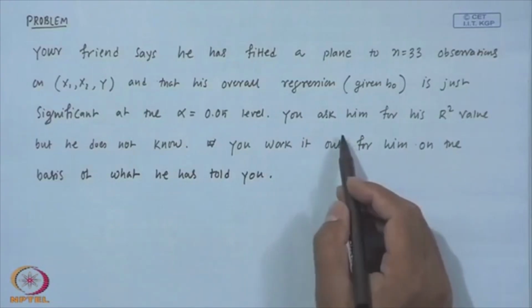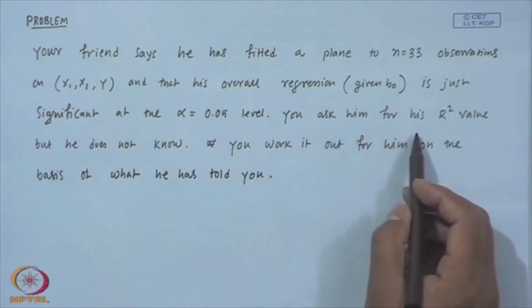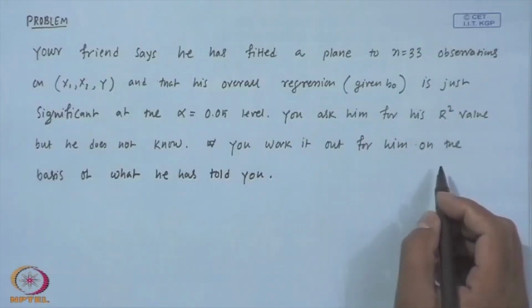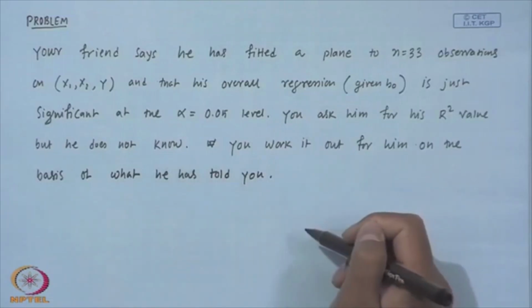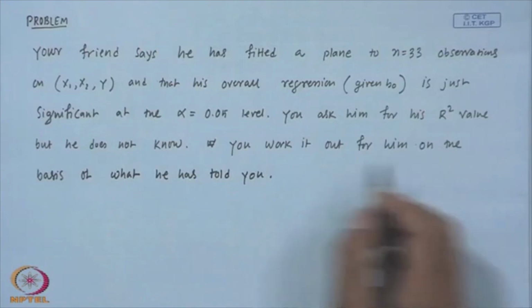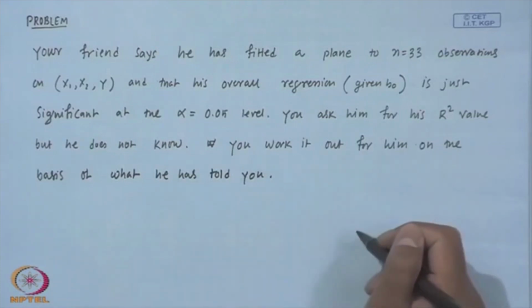Now, you asked him for his R square value, that is the coefficient of determination, but he does not know. You work out for him on the basis of what he has told you.